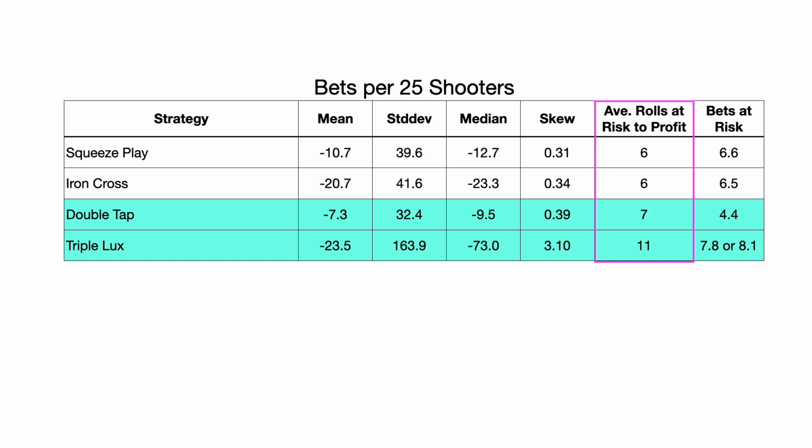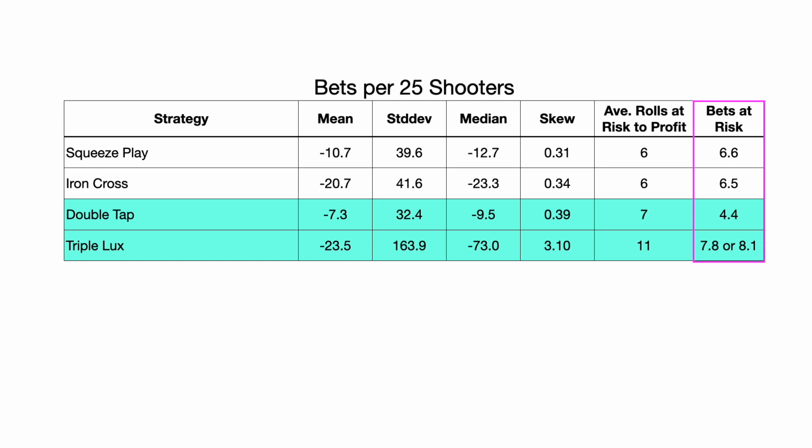Finally, looking at the initial investment, we see that double tap only starts with 4.4 bets. That's $44 at risk. That's considerably lower than the other strategies, and is one reason that its mean loss is so low. Triple Lux, on the other hand, requires an initial investment of around 8 bets, or $80, which is higher than the other strategies, and is another reason that its mean and median are so negative.